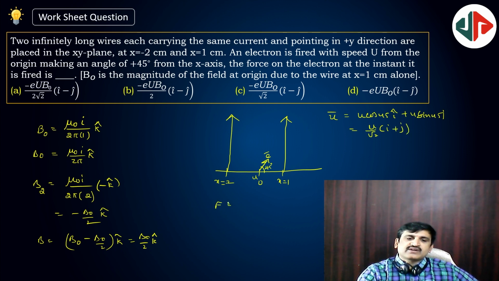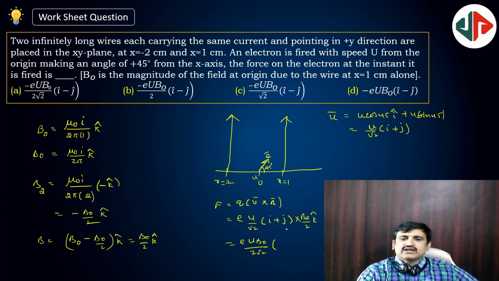Force F is equal to Q into V bar cross B bar, where Q is the electron charge. V bar is u by root 2 into i plus j, cross B naught by 2 k cap. So e u B naught by 2 root 2 into i cross k and j cross k, which gives minus j and i.